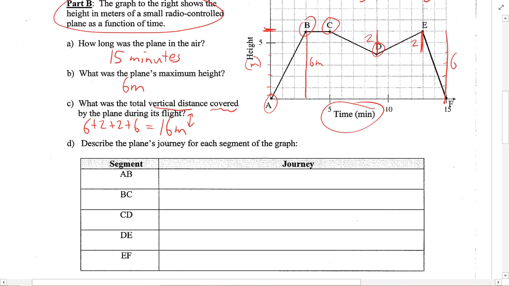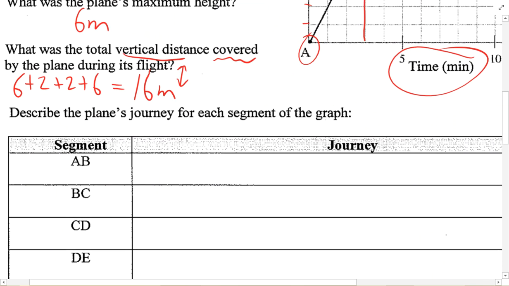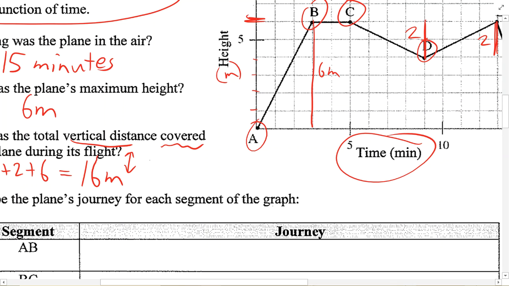So let's begin a little journey to explain the different sections of the graph. From A to B, what happened? Well, we're going to say that the plane rose 6 meters over 3 minutes at a constant rate of change. Because the lines are straight, we've got to mention the rate of change was constant. So I'm talking about the time from here to here, which would be 3 minutes. And I'm also talking about the vertical change as well.